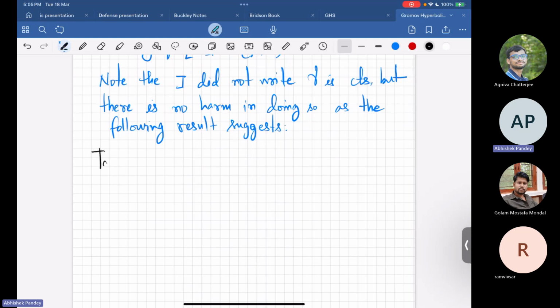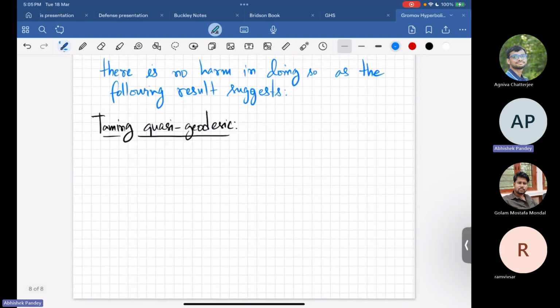This is known as taming because these are quite important ingredients in proving the Morse lemma, which we also call geodesic stability. Let X be a geodesic metric space.